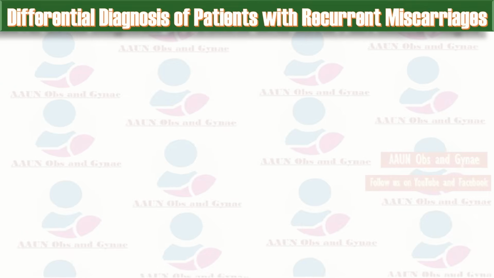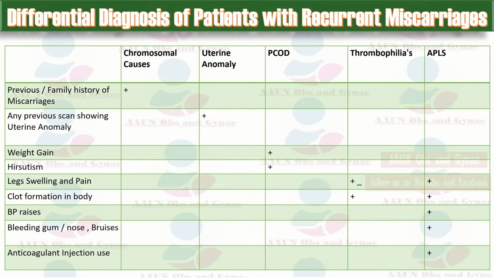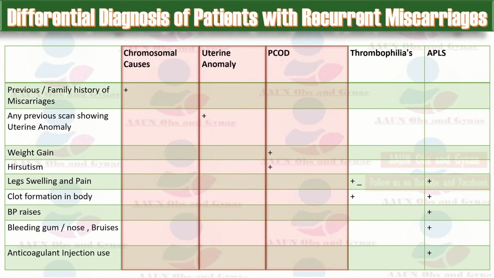By keeping the differential diagnosis of recurrent miscarriages, ask certain questions like the previous or family history of miscarriages for chromosomal causes. Ask about any previous scan showing uterine anomaly. Ask about history of the weight gain and hirsutism to rule out PCOD.